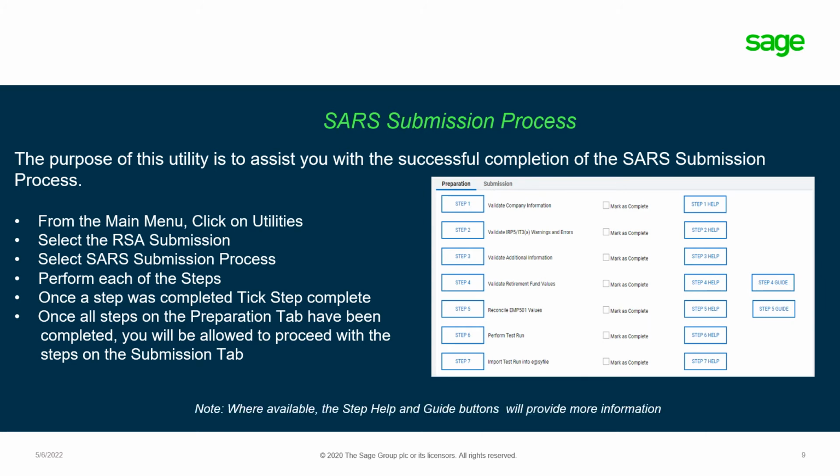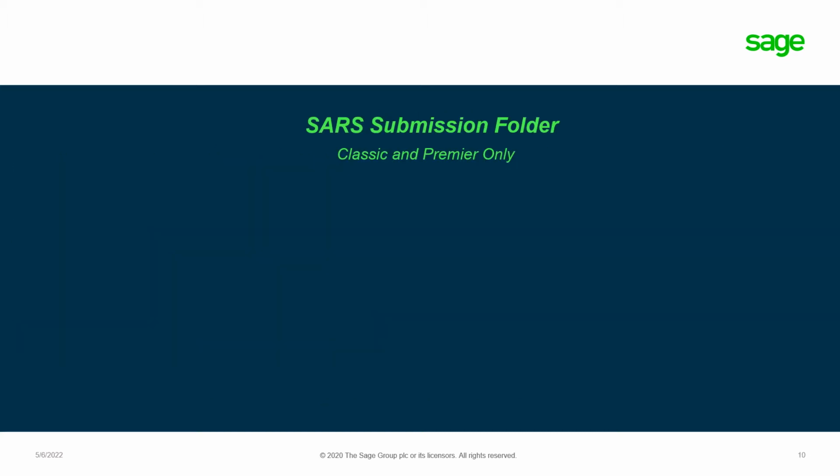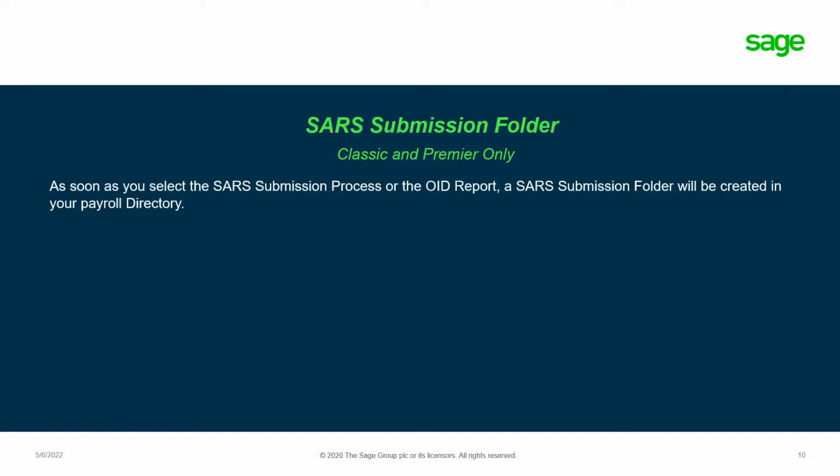Please note, where available, the Step Help and Guide button will provide more information relating to the relevant step. The SARS Submission folder. For Classic and Premier customers, as soon as you select SARS Submission Process or the OID report, a SARS submission folder will be created in your payroll directory.